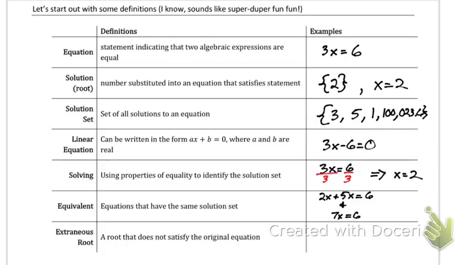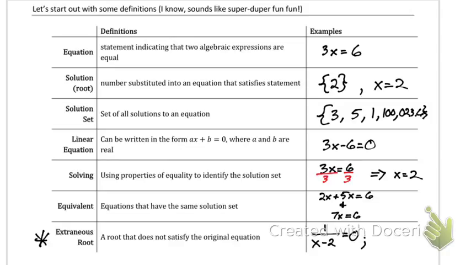Extraneous root. This is the big guy. This is the guy you should have starred and you should pay attention to a lot. An extraneous root is going to be one that looks like a solution, but is going to trick you because it's not actually a solution. So my example for this one would be, let's say I have 1 over x minus 2 equals 0.